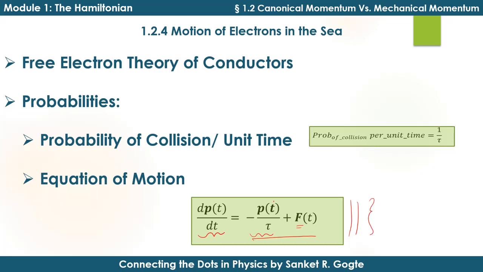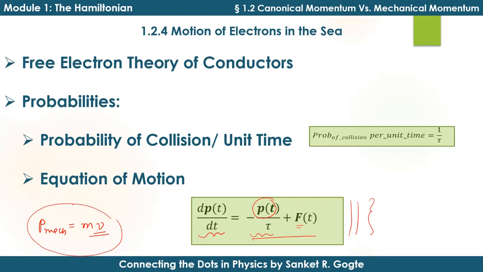Again, here we are talking about this momentum, which is not the mechanical momentum. It is the average momentum of all the electrons which are there in that sea. And mechanical momentum at any given point for the electron is going to be simply m into v, where this v is random, and there is no point in discussing mechanical momentum because of the huge number of electrons and the complete randomness.